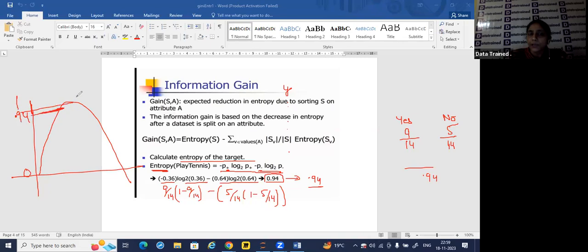It is not 1. 1 will be reached when you are having 7 by 14 and 7 by 14. You're getting my idea?